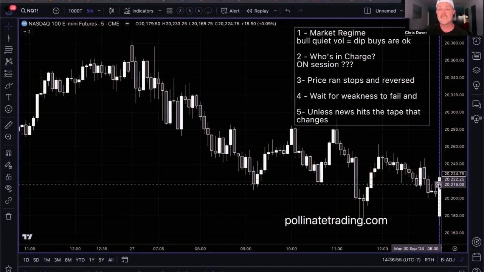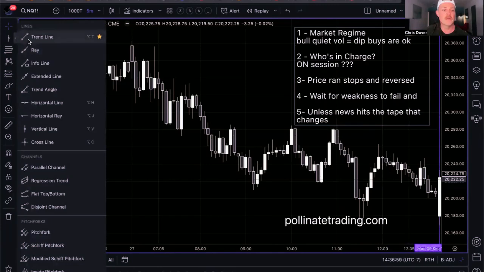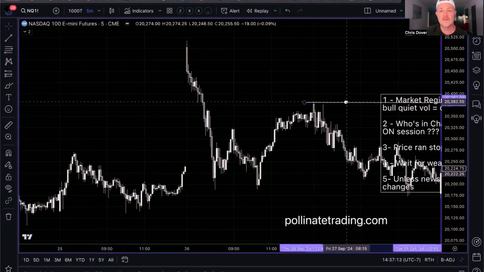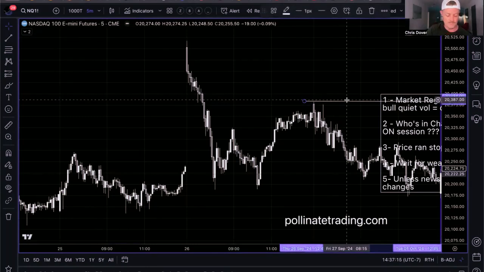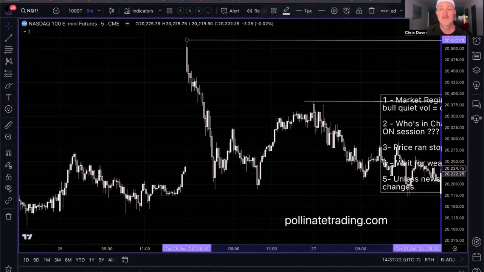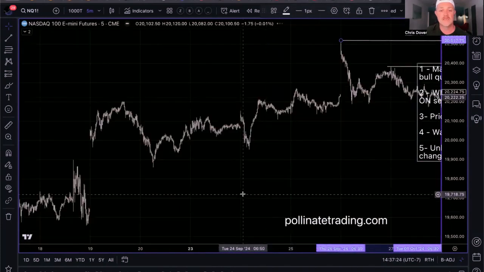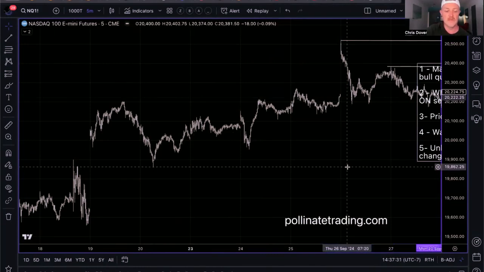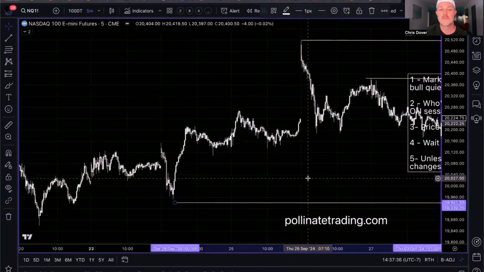Now, next thing I'm going to look for is key levels. So I'm just going to go mark off some key levels here. This was like the Thursday high. I'm also going to do another one from this big swing high for the week, this big gap up. Those are some key levels. And then Tuesday, the low of the week would be here, so let's go ahead and add that too. So it's the previous week's low.